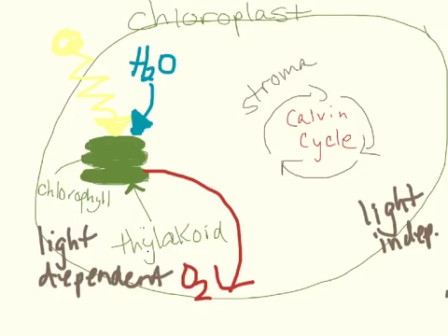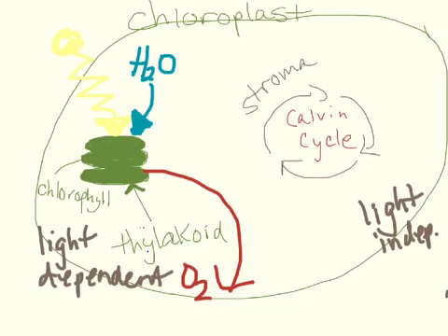So that's where we get our oxygen gas part. So right here in the first part of the reaction, sunlight comes in, reacts with the chlorophyll in the thylakoid with the water, and oxygen is given off. So we're getting the oxygen that we need to breathe from the water that plants use. I think that's kind of cool.